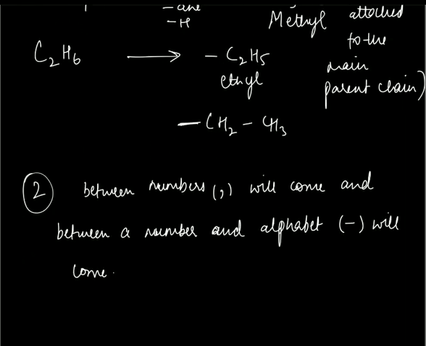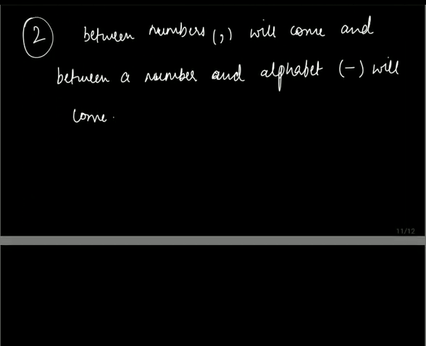Now we'll do one more example. Here, you can pause the video in every example and do it on your own and just check if it is correct or not. So over here, put the hydrogen.